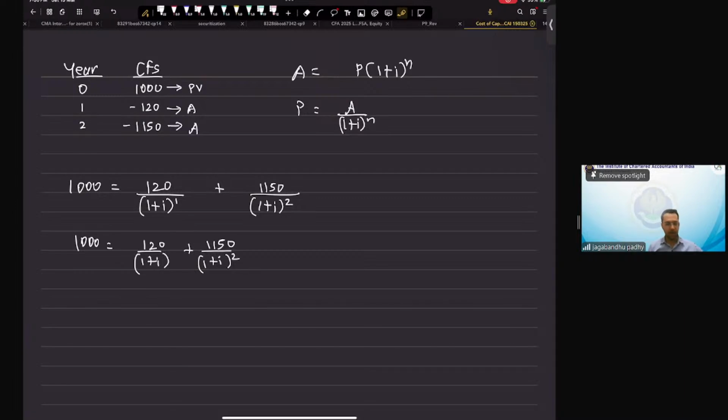Try to solve this and get the value of I.